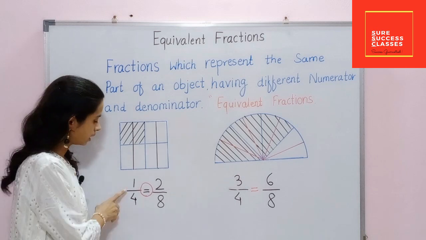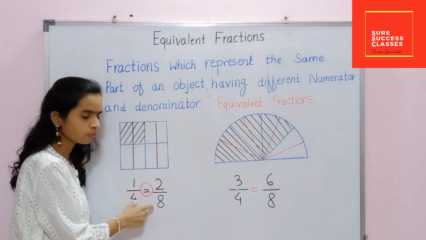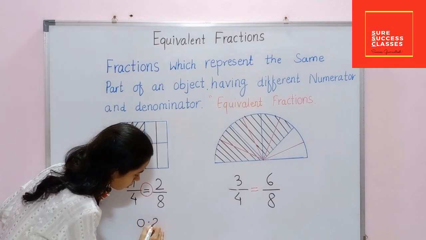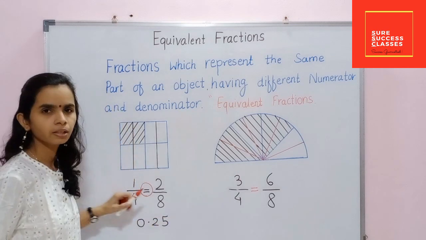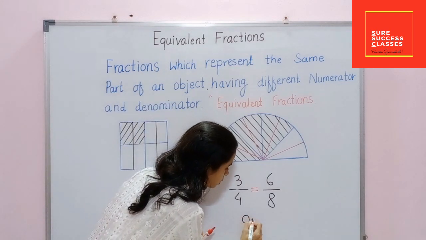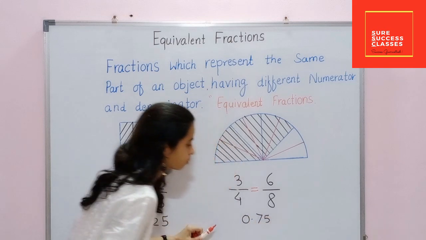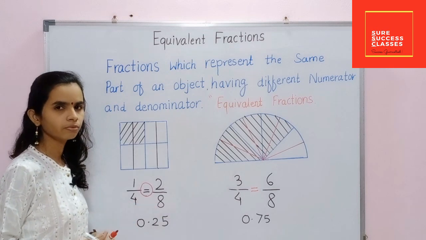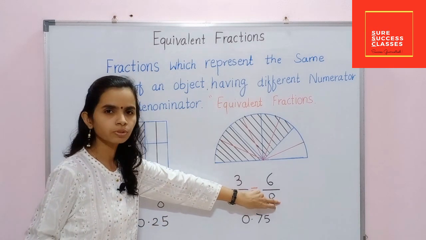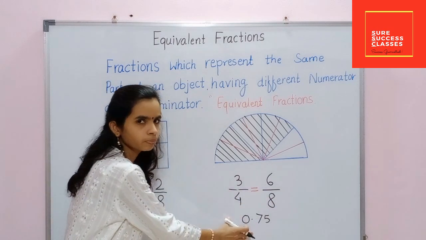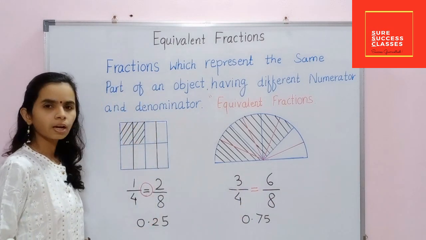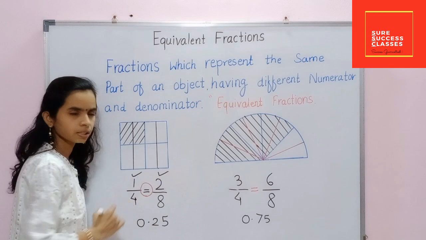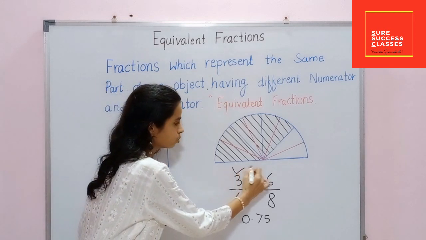If we divide 1 by 4 and 2 by 8, we will get the value 0.25, and here we will get the value 0.75. Means we will get the same value for two different fractions. These are two different fractions, but we will get the same decimal value. And from this decimal value, we can say that these two fractions are equivalent fractions.